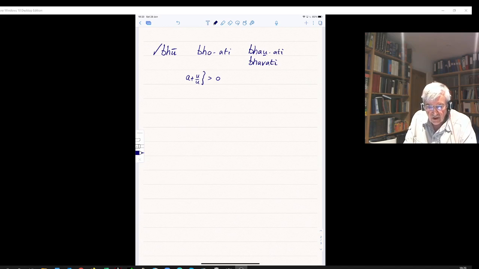You gunate the u to o. So hypothetically, this form doesn't actually exist, but it explains the intermediate process. Bhu, gunated, bho, add ati, bho-ati, but when the o is followed by a vowel, it regresses to being the av.